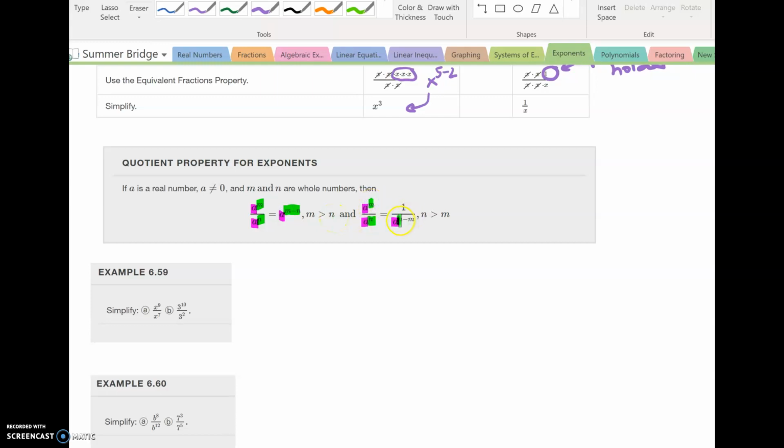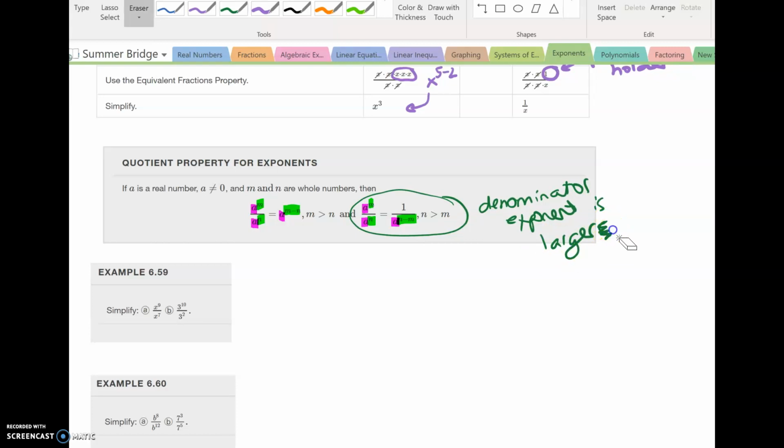The only difference is that in the second case, in this case, the denominator exponent is larger. So because it's larger, we actually subtract the exponent in the numerator from the denominator.